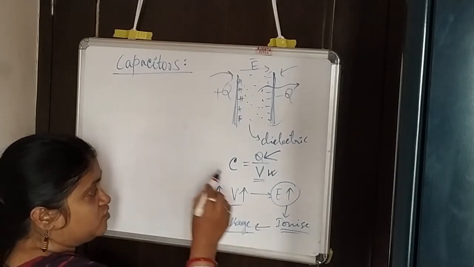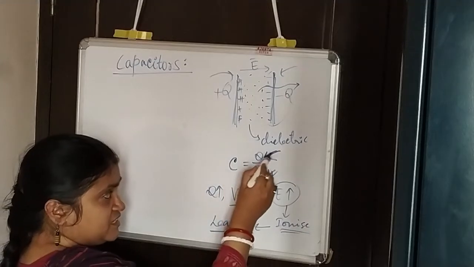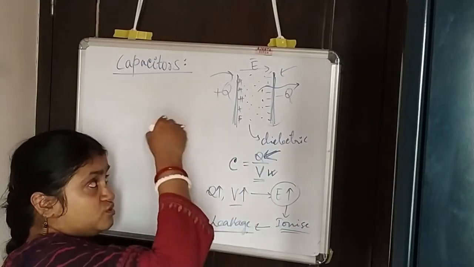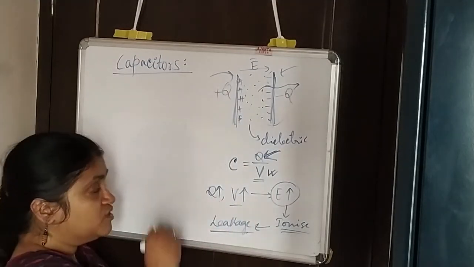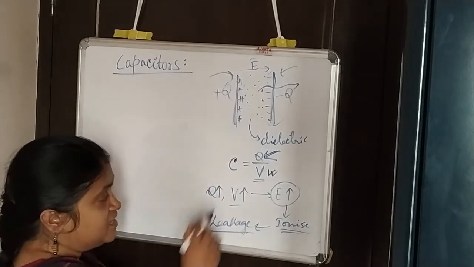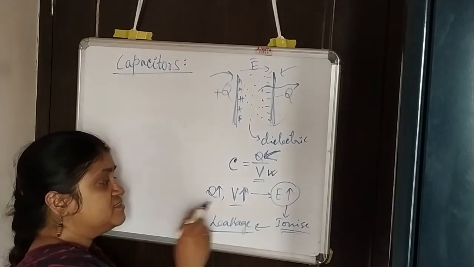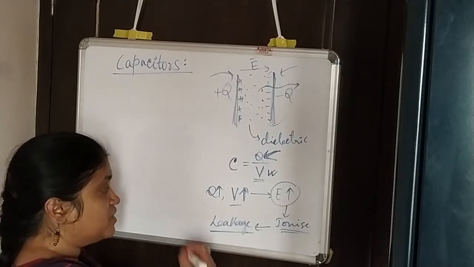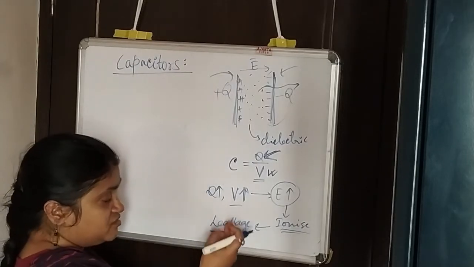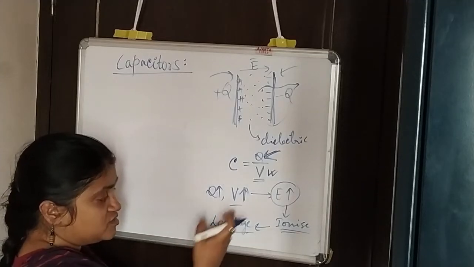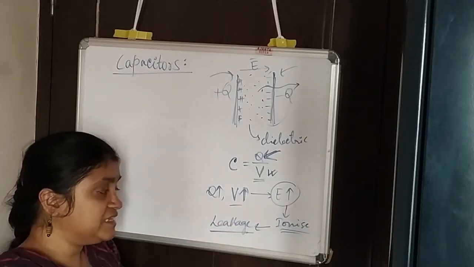Therefore, we cannot keep increasing the charge to a capacitor while allowing the potential to increase. This is a very difficult process, because it is leading to a leakage.